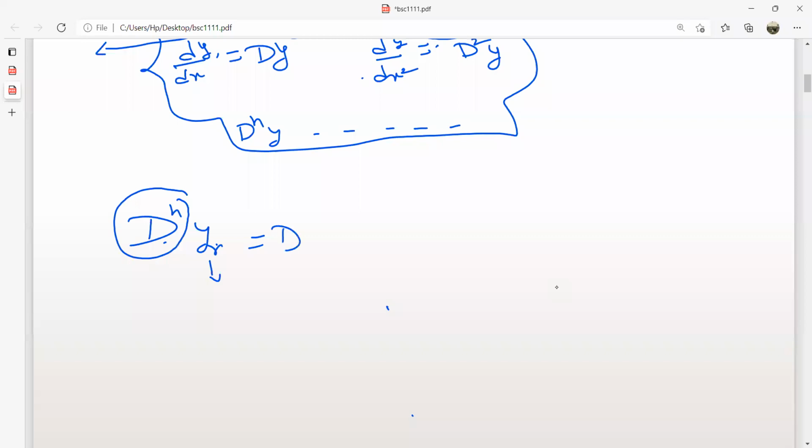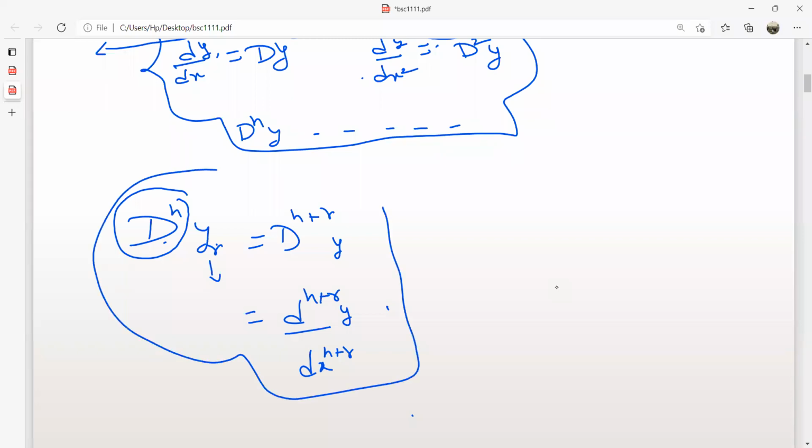Here we write D to the power n plus r of y, which means the derivative of the function y, n plus r times, that is d to the power n plus r divided by dx to the power n plus r of y. You have to remember these notations because we have to use all of them in our questions.